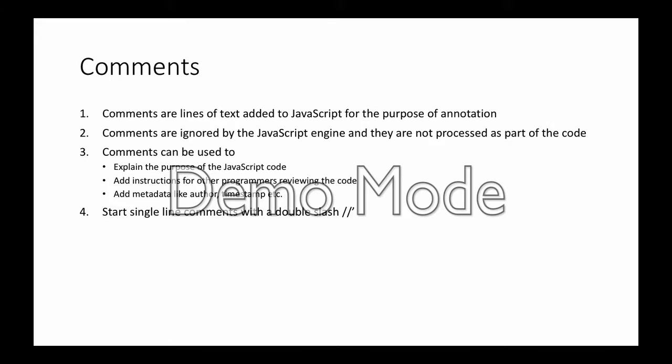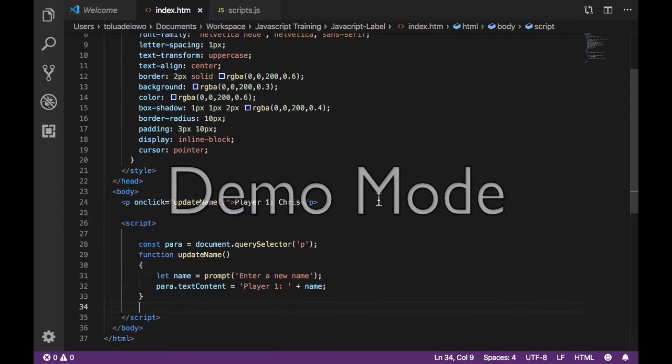And the best way to see this in action is for me to go back into Visual Studio Code. I still have my example open from our inline.js lesson, which was the previous lesson. And I will just go ahead and within the script tag add a single line comment.